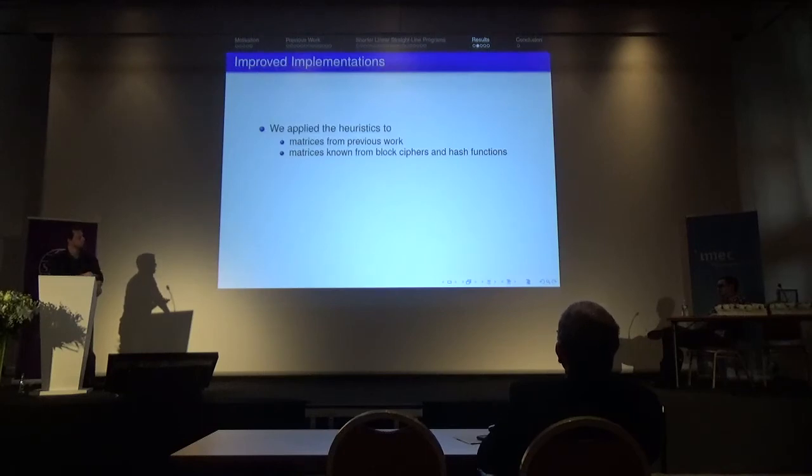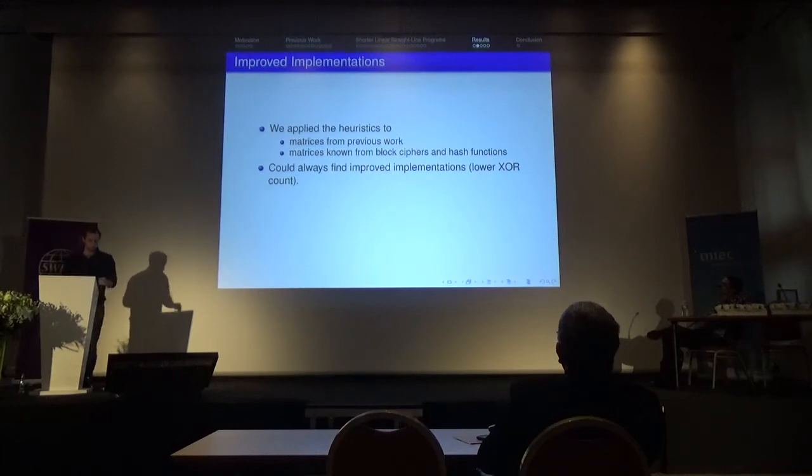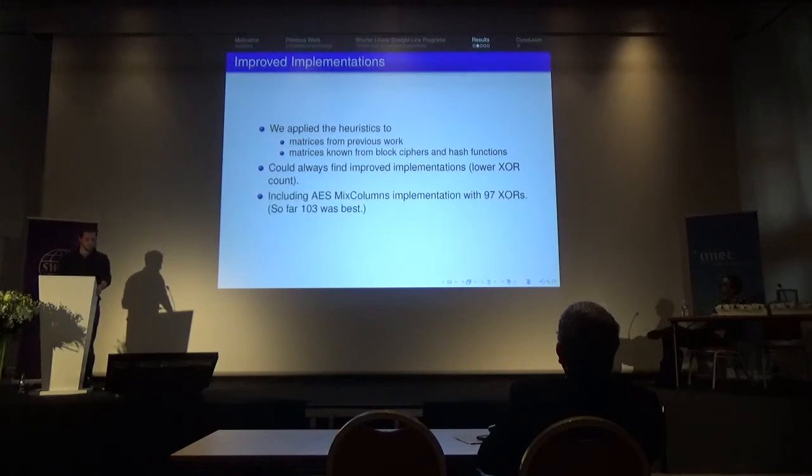The complete results are in the paper. But the basic message is that we could everywhere find improved implementations, so a lower XOR count, and maybe the most interesting result is the AES MixColumns matrix, that we could also come up with a more efficient implementation in terms of XOR count.